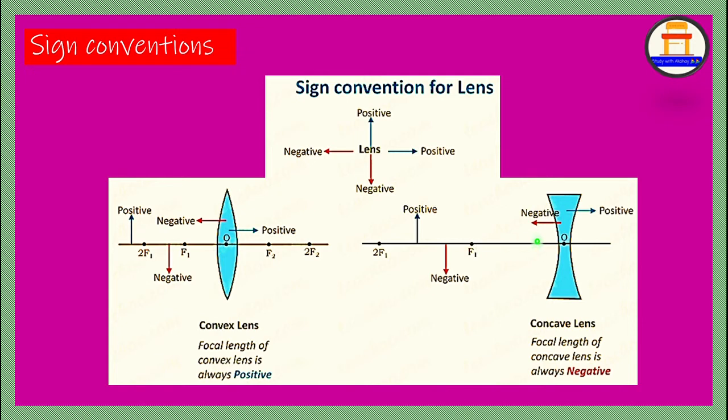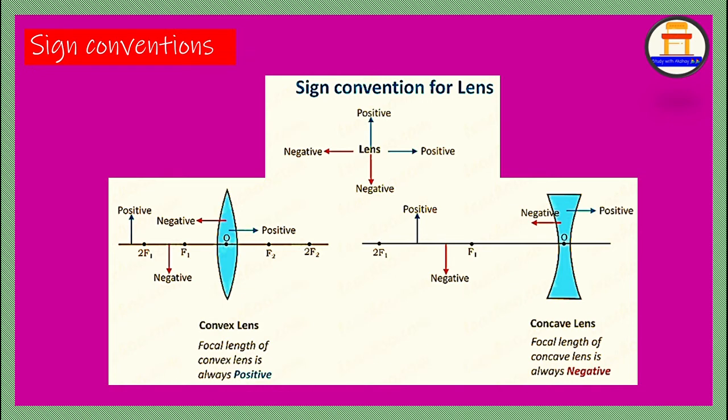Only those two cases we have. So it will always be a virtual image, and a virtual image will always be upright. So the sign convention for the length of the virtual image will be positive, whereas the distance will be negative. The focal length for a concave lens will always be negative. Hope this concept is clear, the focal length concept.